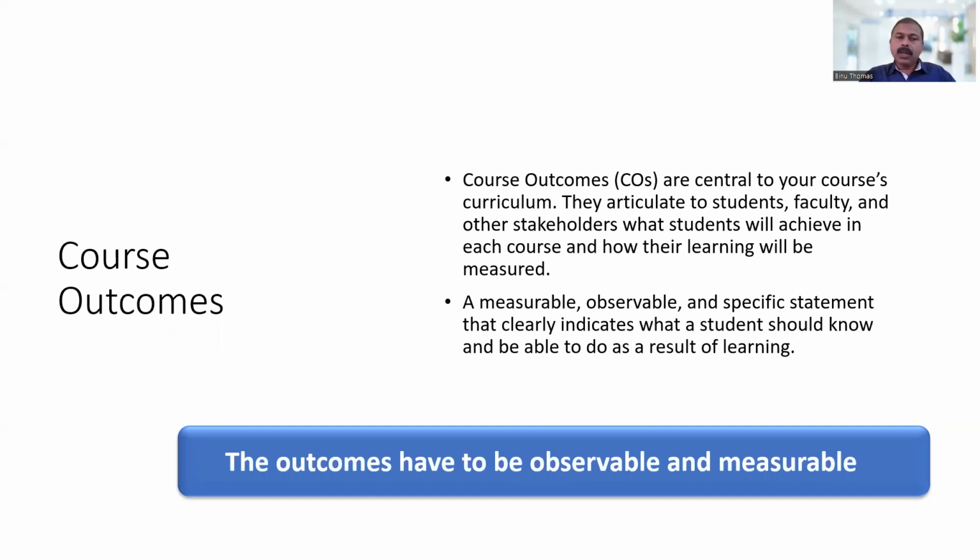Course outcomes clearly say what a student will be able to do or perform at the end of a course, what skills and abilities the student will attain by doing that course. If we are able to define this the way I have explained, we will be able to define the courses. And once again, we would like to remind you that the outcomes must be observable and measurable.